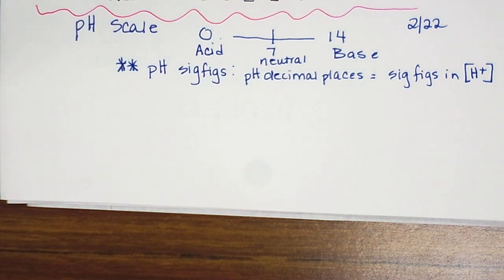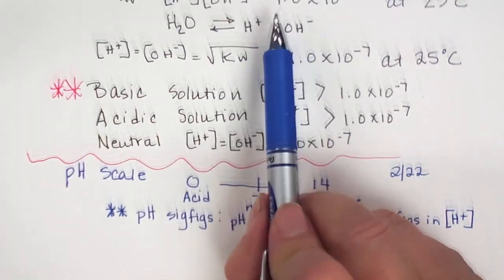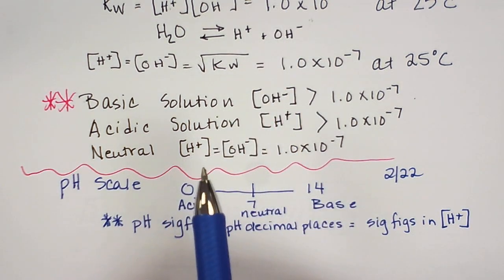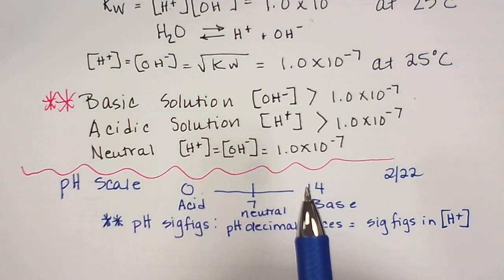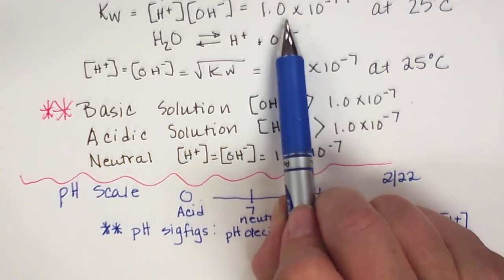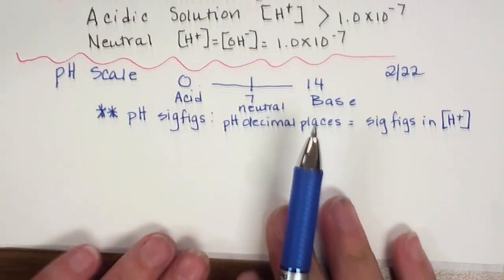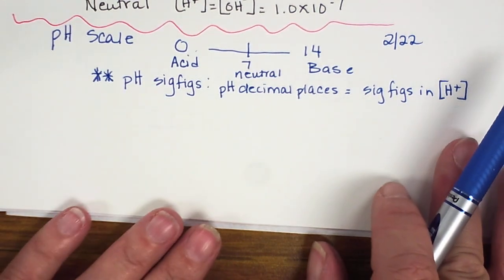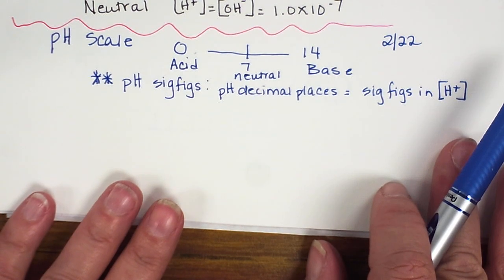Yep, totally weird. So if we go back up here and your significant figures is 1.0, that means that your pH is going to be like 4.23 with 2 decimal places, because your significant figures in this was 1.0. It's very strange, I don't understand why, but that's the way it is. The decimal places in your pH equal the significant figures in the concentration of the H plus.